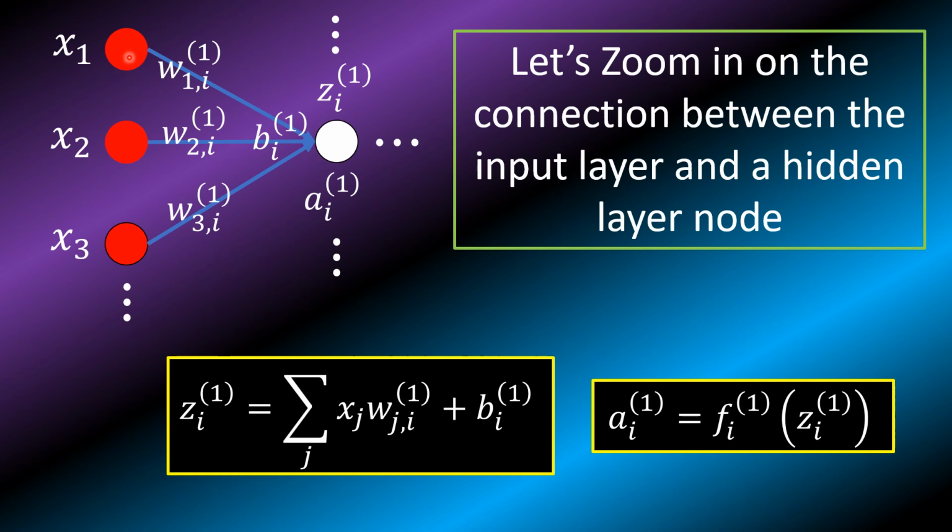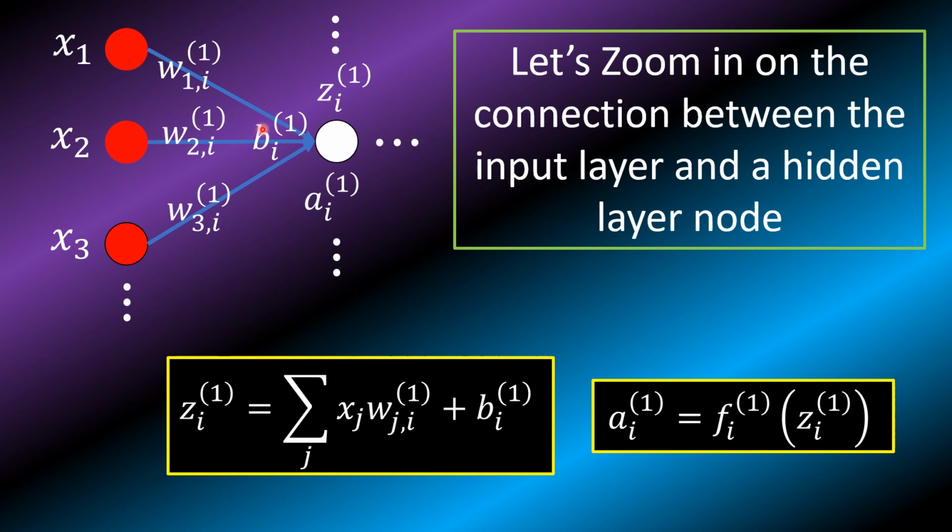For example, we have the weight between input neuron 1 in the input layer and neuron i in the first hidden layer, which is represented by w 1i. And that 1 in the superscript represents the layer that the i is in.